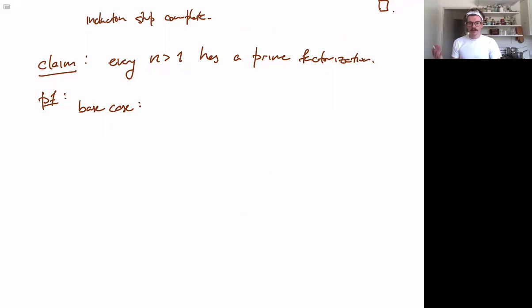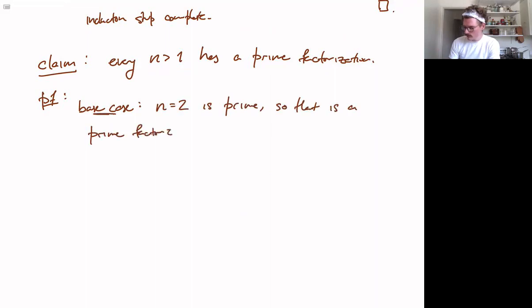The smallest one of those is 2, so let's start with that. n equals 2 is prime, so that is a prime factorization. Right? 2 is its own prime factorization.